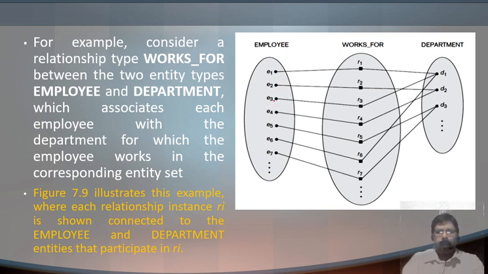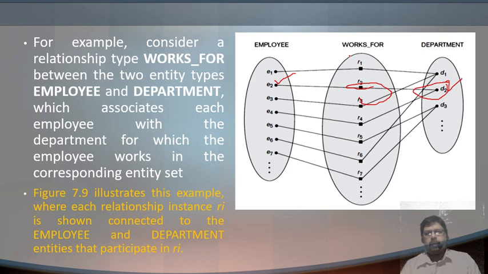Its meaning is like this: if you consider E2, this employee is in relation with D2, meaning he is working for D2, and this shows the relationship exists between department D2 and employee E2. That is what we call a relationship diagram.